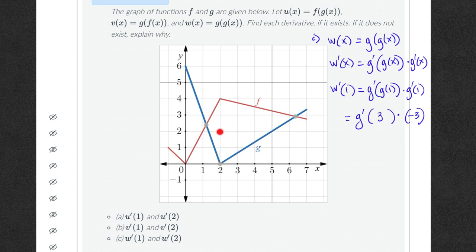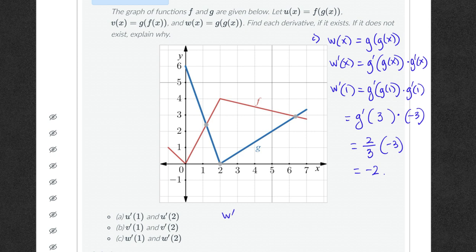We rise 2 and run over 3. And so g prime of 3 is rise over run, and in this case it is positive, 2 over 3. We still need to multiply by negative 3, and so the answer is negative 2.